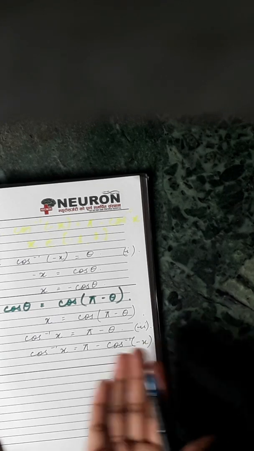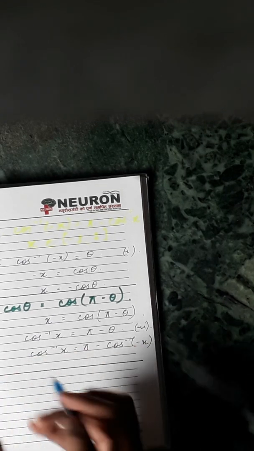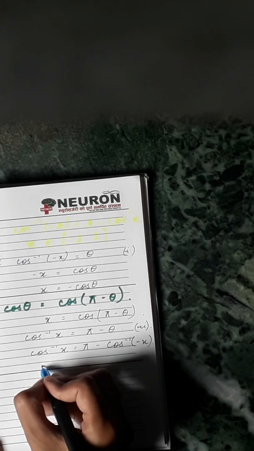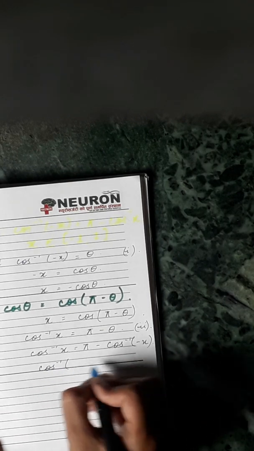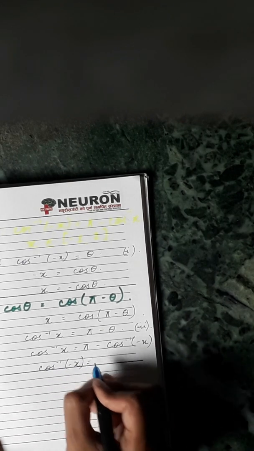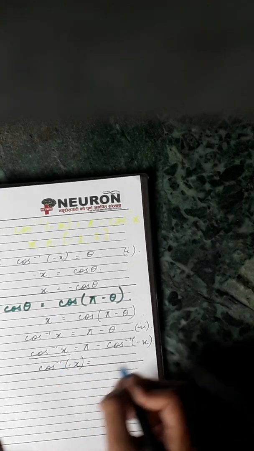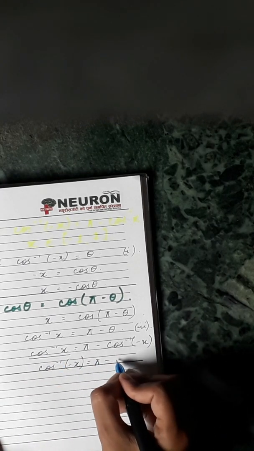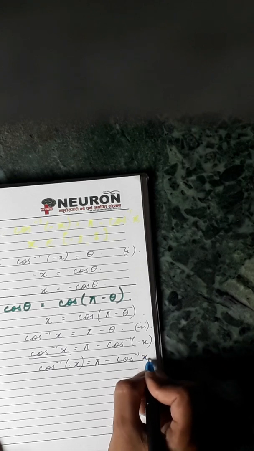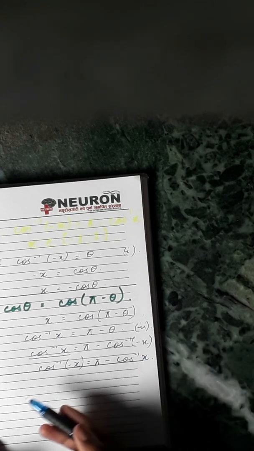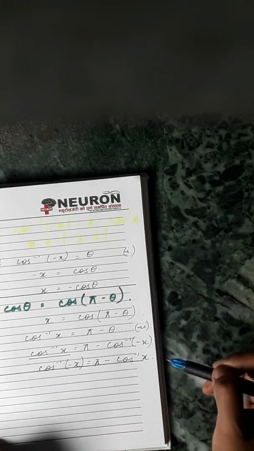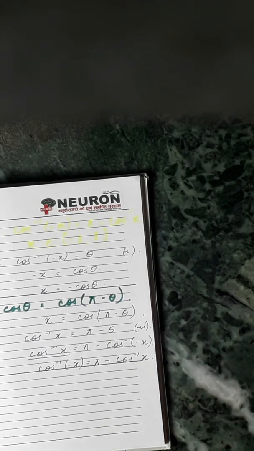So now just move this term to the LHS. Cos inverse minus x and this term to the RHS. Minus cos inverse x. This is the property. Cos inverse minus x is equal to pi minus cos inverse x.